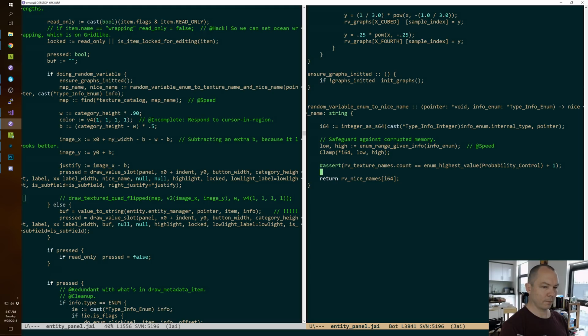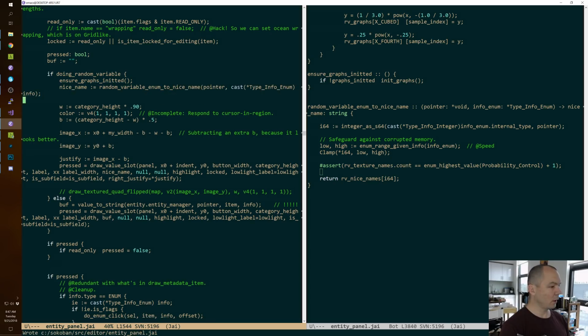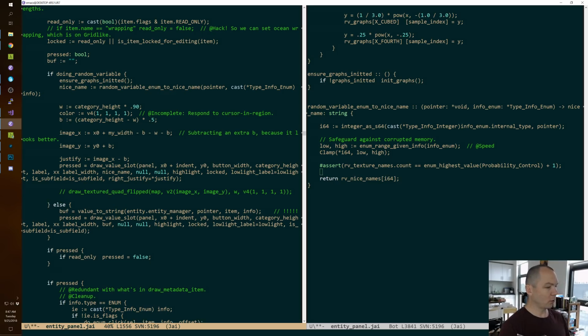So map name is gone, but we're still going to do all this stuff, the image X, image Y, all that. Instead of saying draw textured quad clipped, we're going to say draw probability graph at image X, image Y with width, and we're not even going to pass color right now.